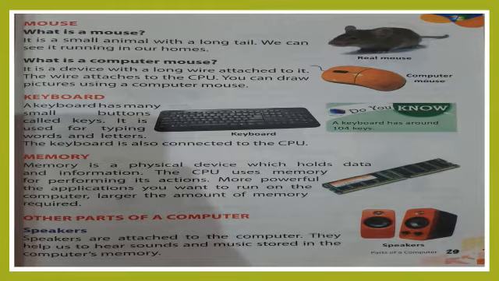It is used for clicking and selecting. We can draw pictures using a computer mouse. So, do you understand the part mouse? It looks like a real mouse, it also has a long wire attached to it, it is connected to CPU, and we can call it a pointing device.